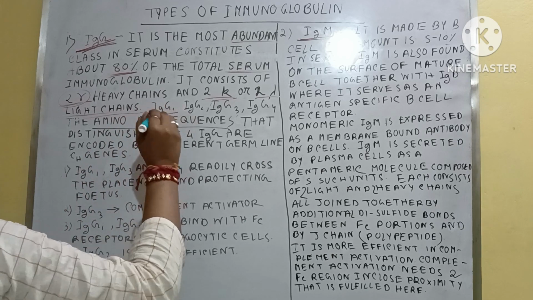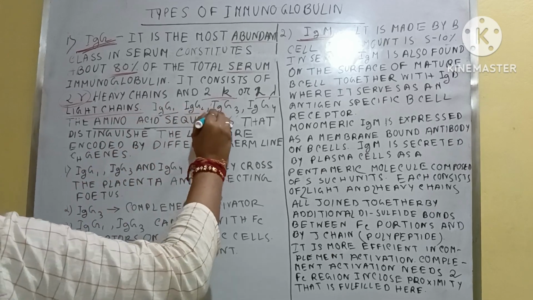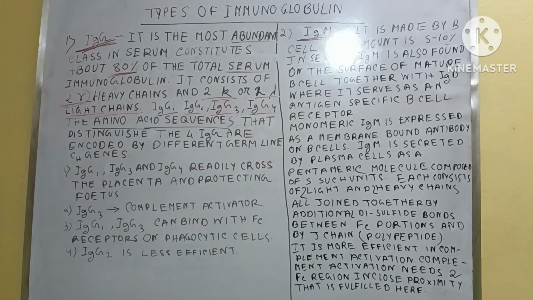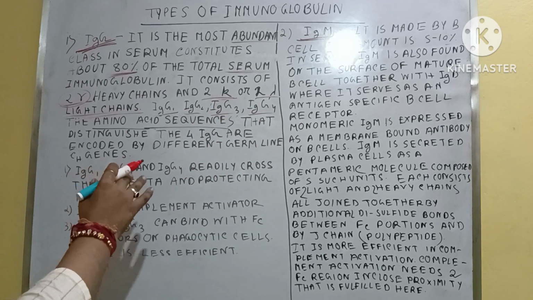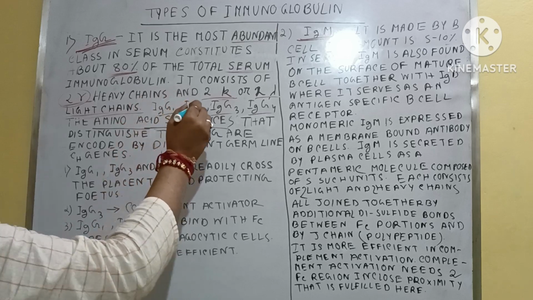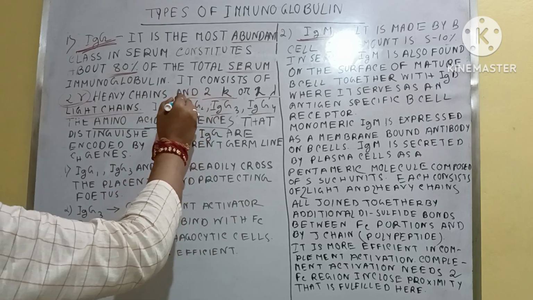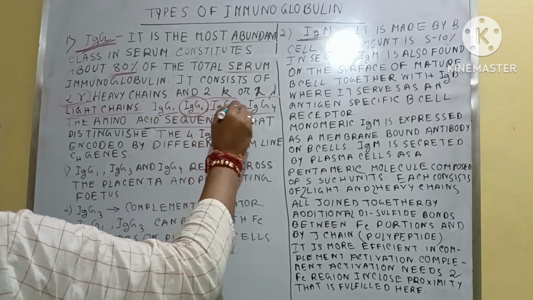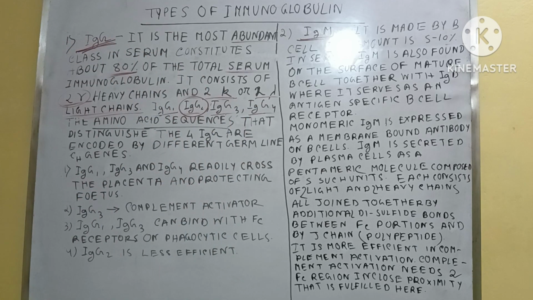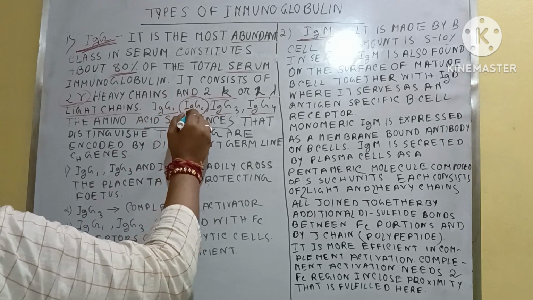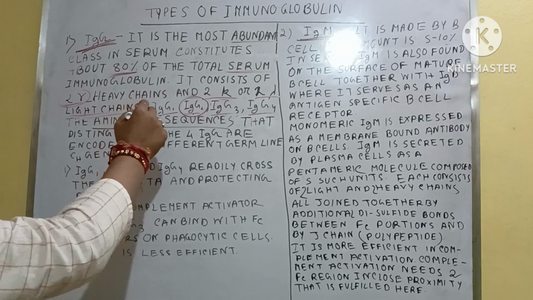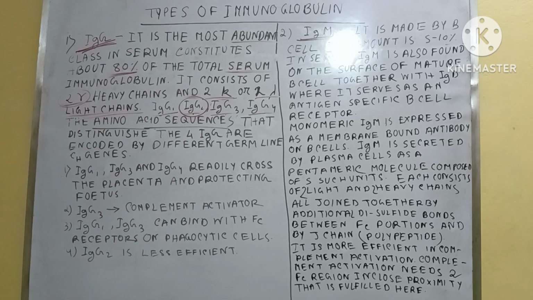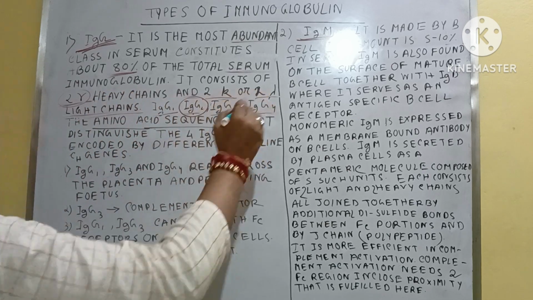IgG1, IgG2, IgG3 and IgG4. Before explaining about this, I am saying that IgG2 is less efficient than the other three. And how do we distinguish these four IgG molecules?